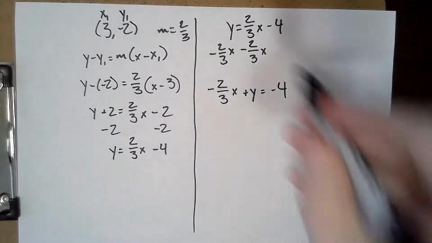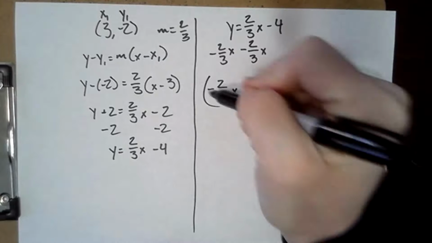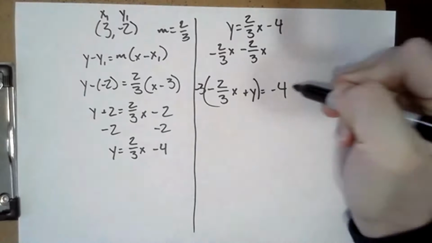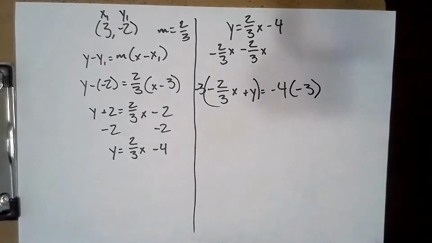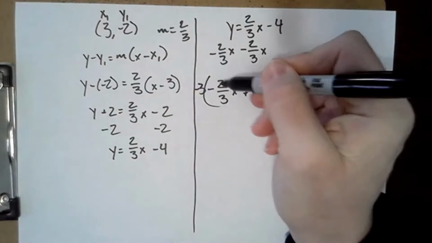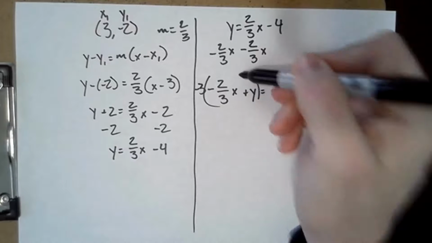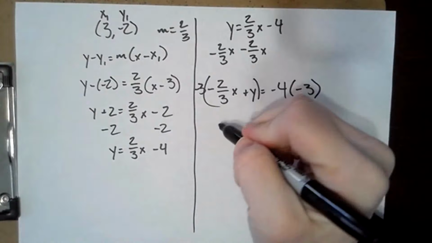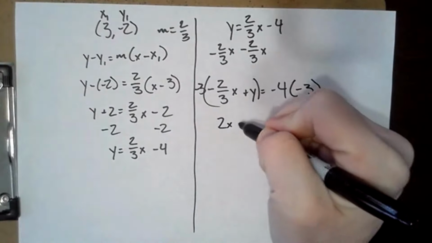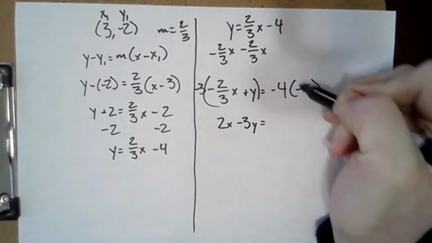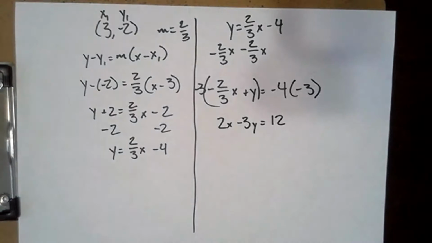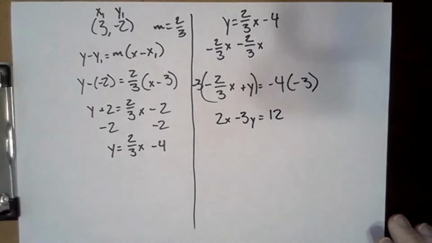And then we're going to multiply everything by a -3. And by doing that, we clear the denominator and get rid of this negative x term. So that gives us 2x minus 3y equals 12. And there is our equation in standard form.